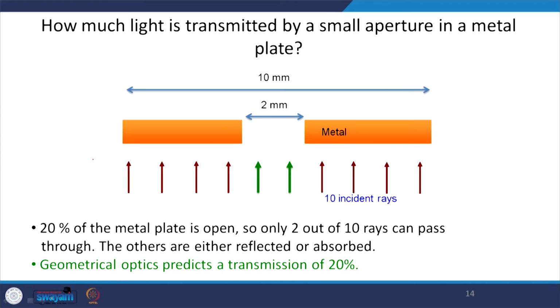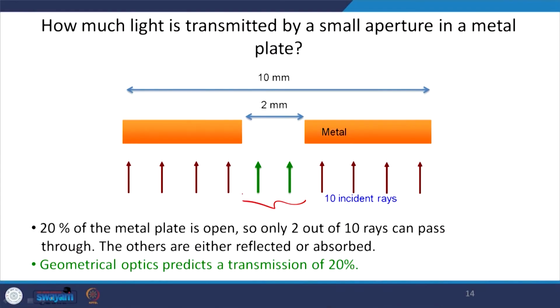Okay. So, till now we discussed SPR, how to use it for sensing, and what commercial SPR biosensors are available. Now, let us try to understand what happens when you have a small aperture in a metal plate.